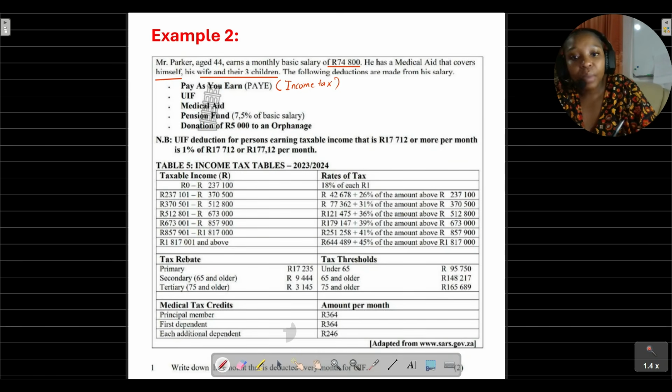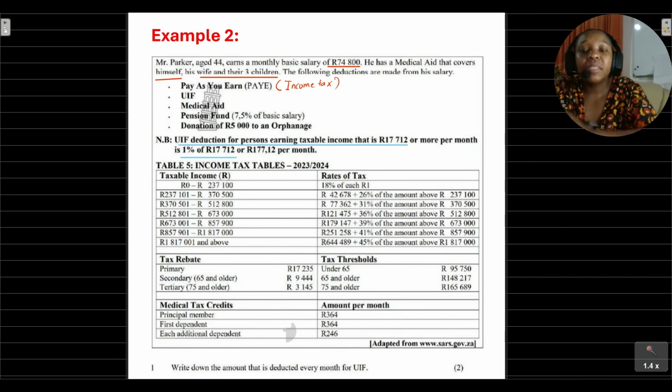And then we're told to take note of this condition here. We are told that the UIF deduction for a person earning a taxable income that is 17,712 or more per month is 1% of 17,712, or it is 177 Rand and 12 cents per month.